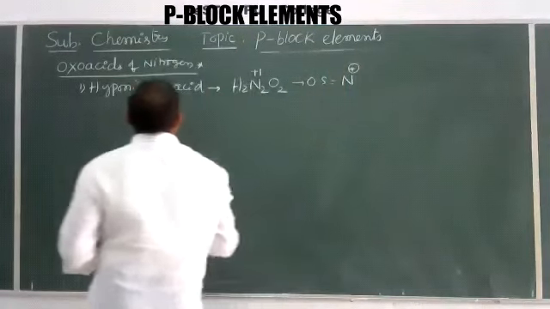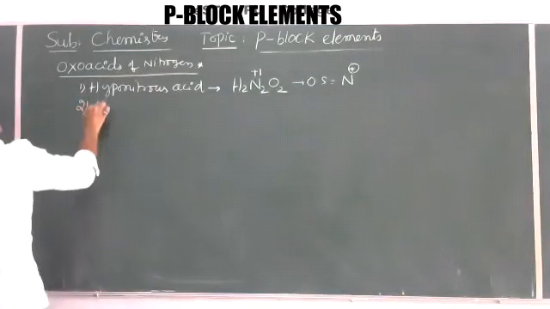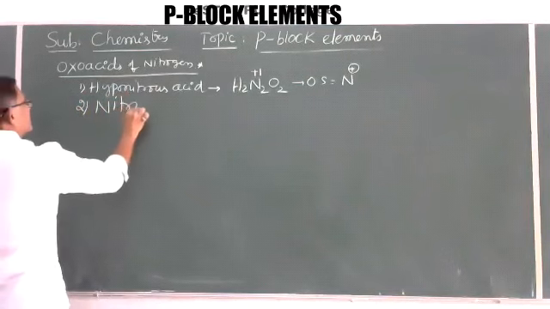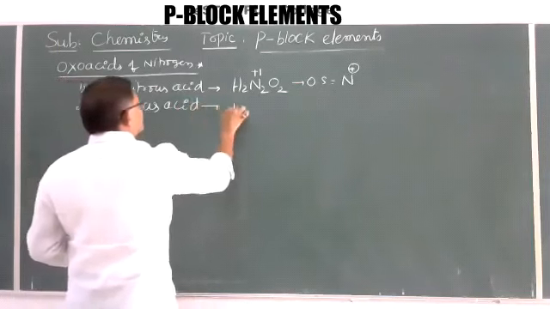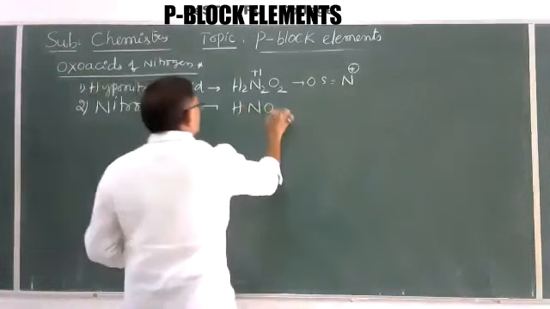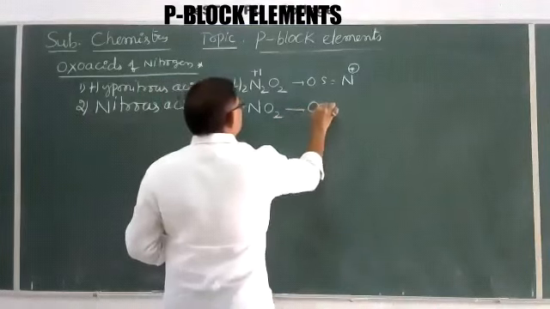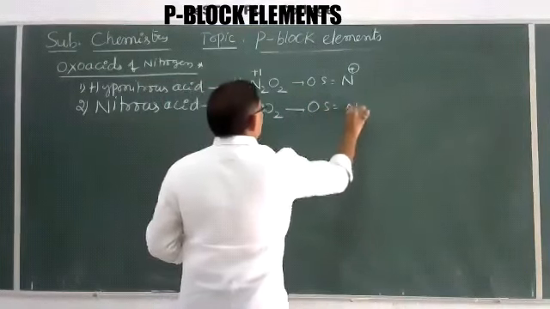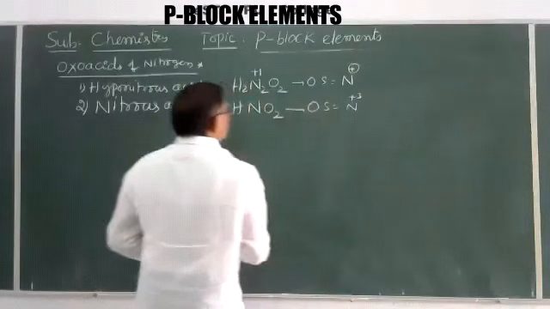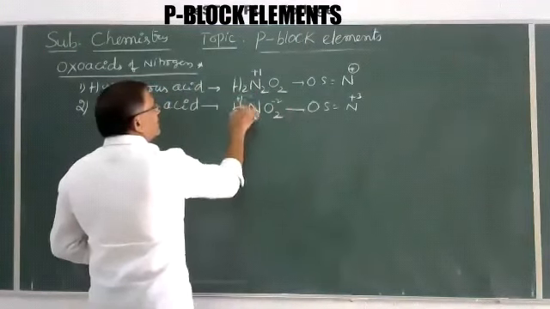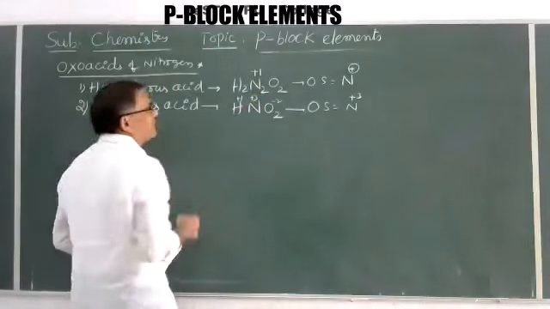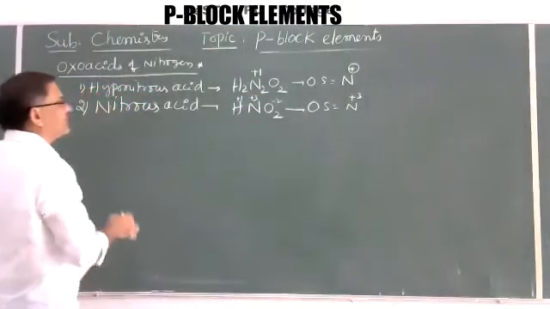Second one is nitrous acid. Formula is HNO2. In this, the nitrogen oxidation state is +3, because here -2 into 2 is -4, here +1. The composite is +3, the nitrogen oxidation state.